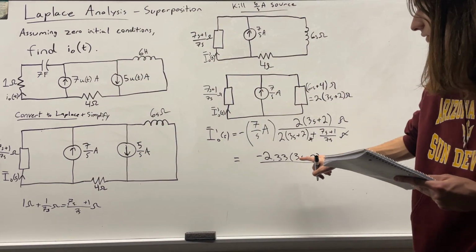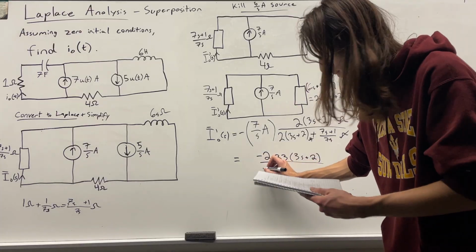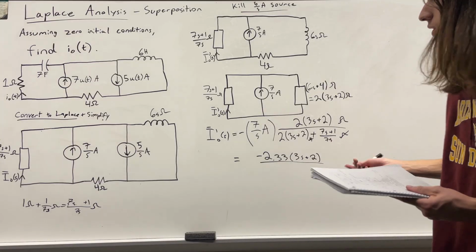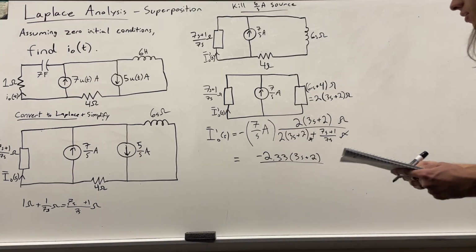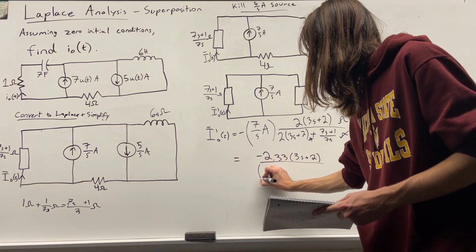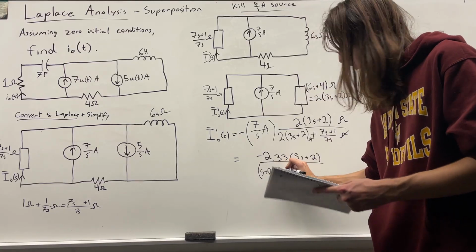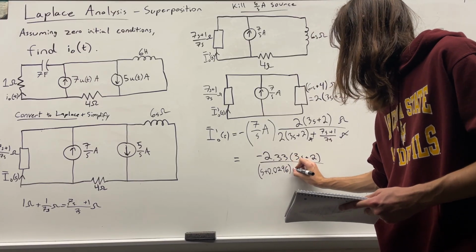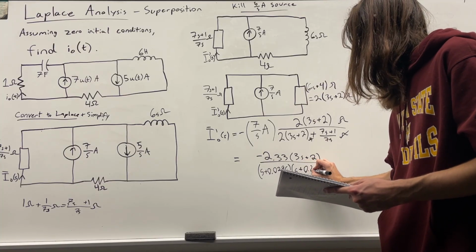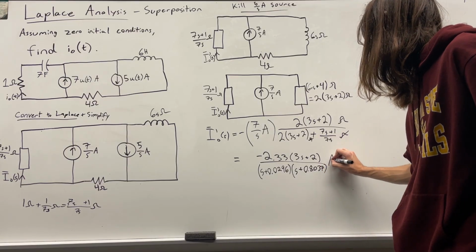So we have negative 2.33 times 3S plus 2, and then we get a polynomial in the denominator, which again we can use the quadratic formula to solve, so I'm just going to give the factored version here already, and that is S plus 0.0296 times S plus 0.8037 amps.